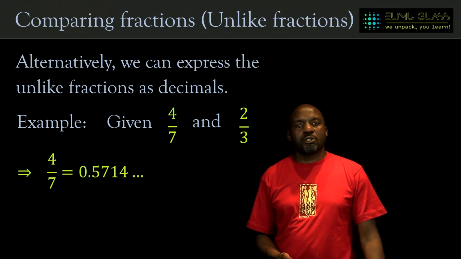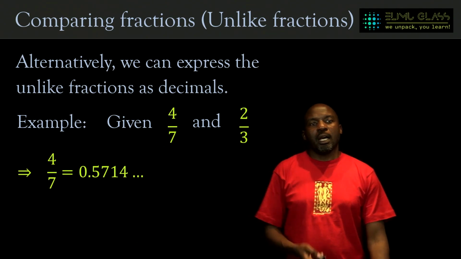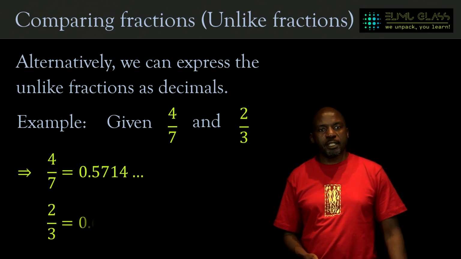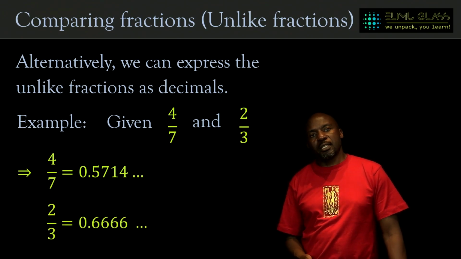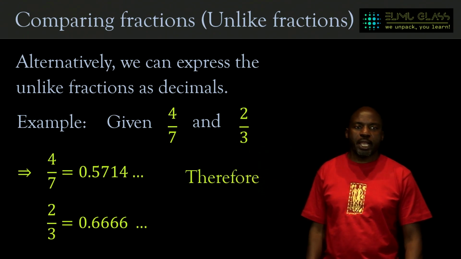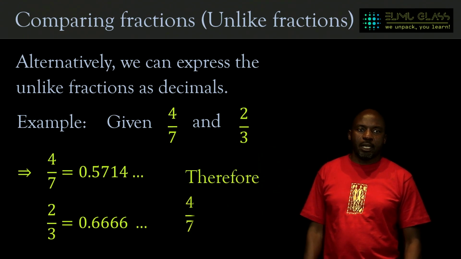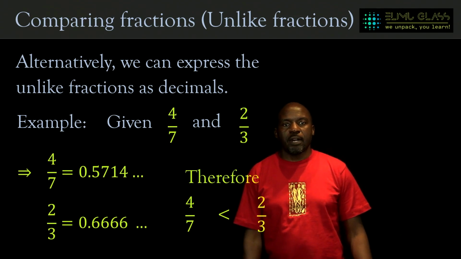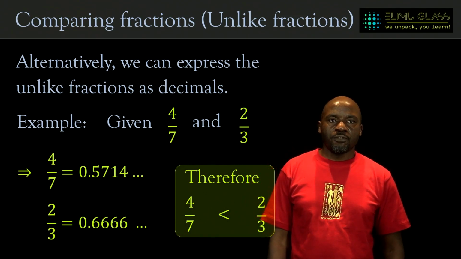Sometimes just 2 decimal places is enough. 2 over 3 is a recurring decimal, 0.6666. And so you can see by looking at the decimals that 2 over 3 is greater than 4 over 7. So this is a second way of comparing fractions. Right, let's move on.